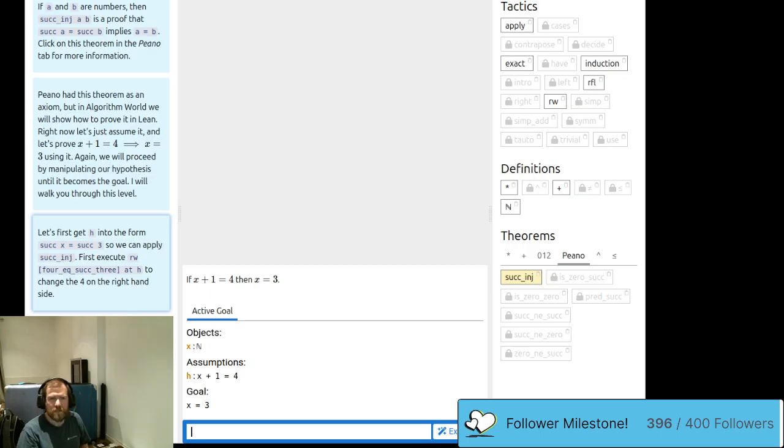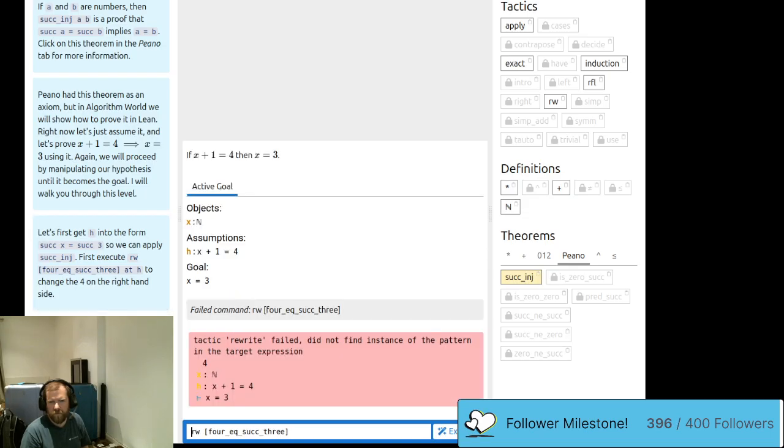Peano had this theorem as an axiom, but in the algorithm world, we have to prove it in Lean. Yep, okay. So, proceed by manipulating h into the form that we need. So, all right, at h. That actually makes sense, yes.